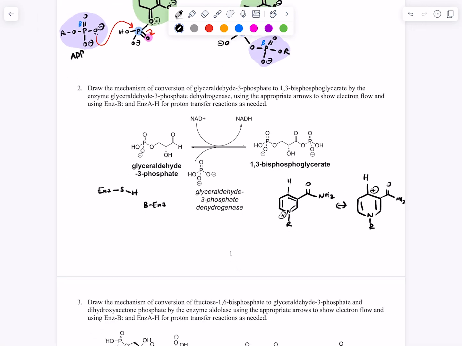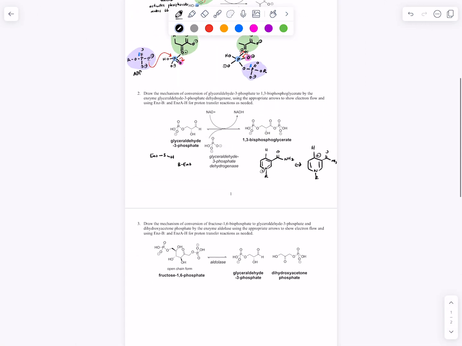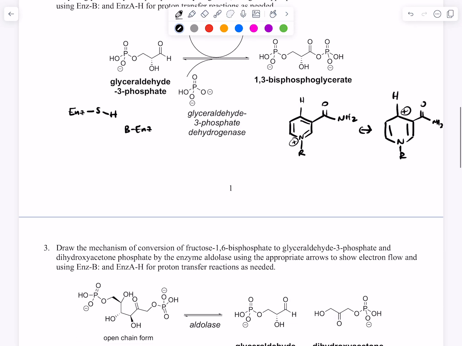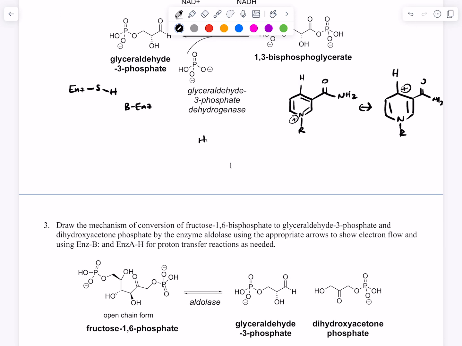Okay, so I probably should have given you more space for this. There's space on the back too. Feel free to use what you need. Work on that for a minute and see how far you can go. I'll give you one intermediate along the pathway.